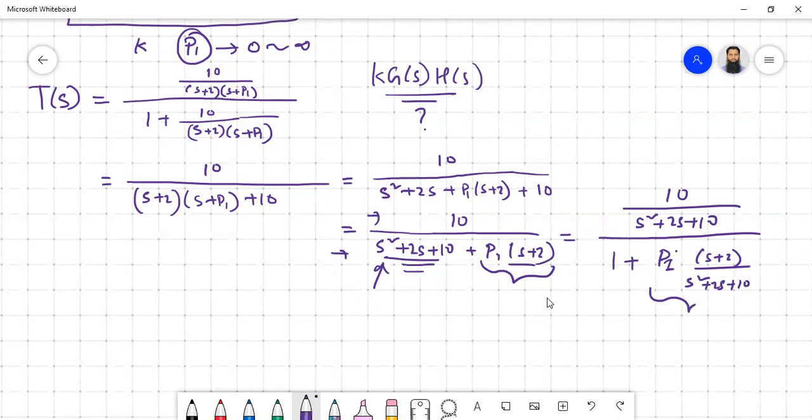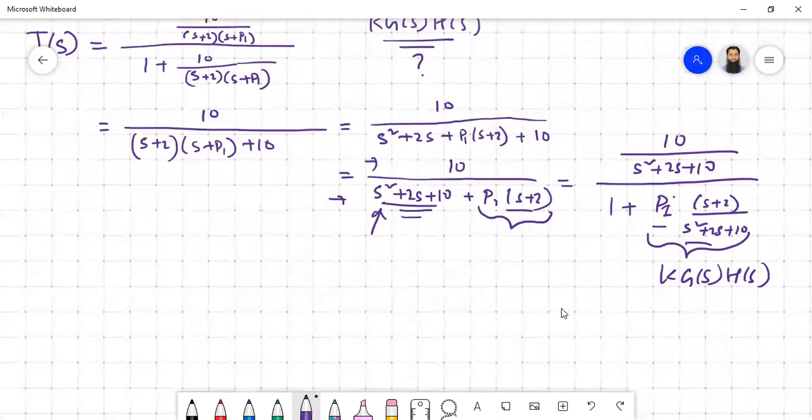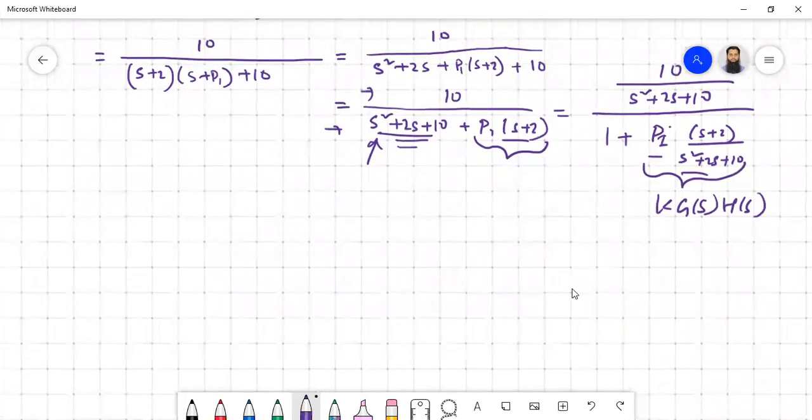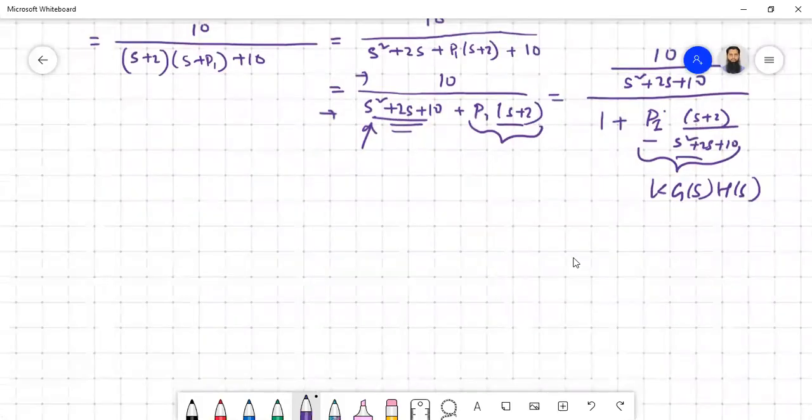So now this is your function K G of S H of S. Whatever the parameter given, you have to bring it in a format like this: 1 plus that parameter into some function.